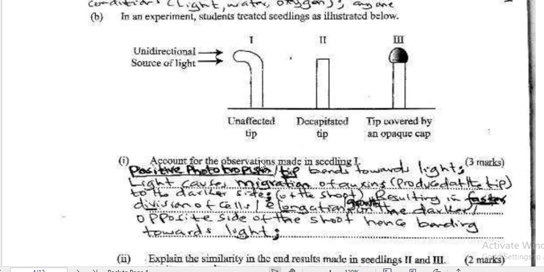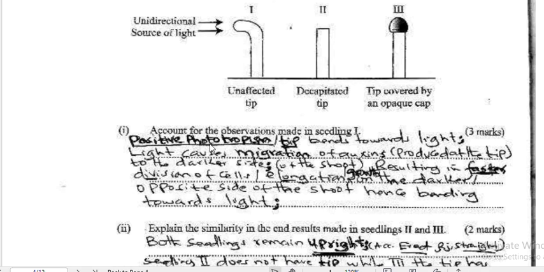In Roman 1, account for the observations made in seedling 1. And that is a positive phototropism. The tip bends towards light, and the light causes migration of auxins produced at the tip to the darker side of the shoot. This results in faster cell division, or elongation or growth, on the darker or opposite side of the shoot, hence bending towards the light.